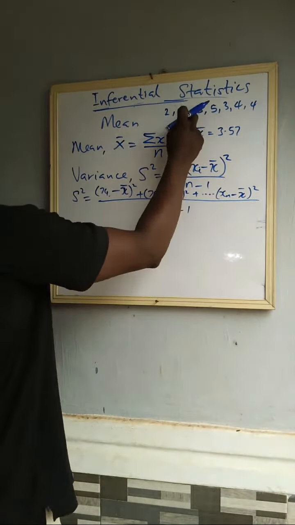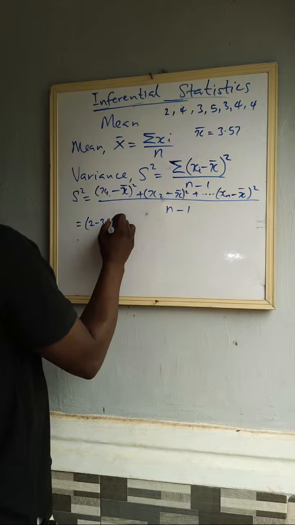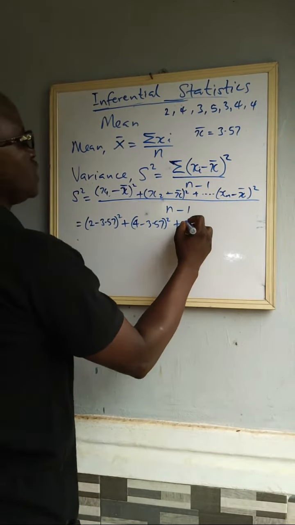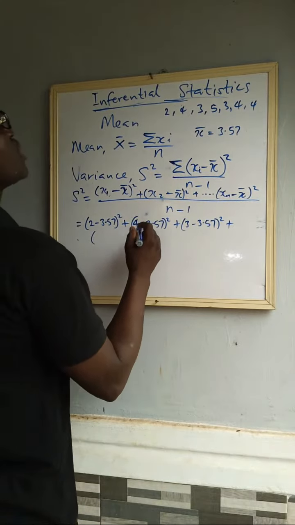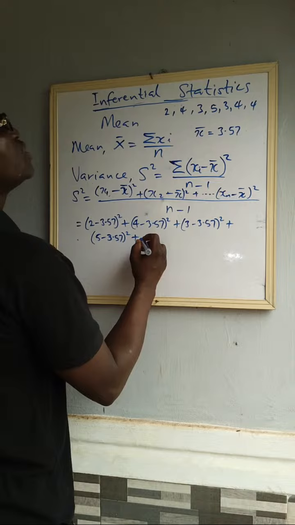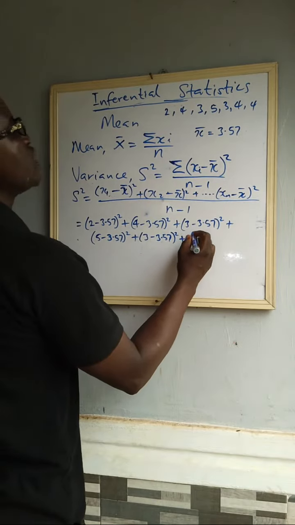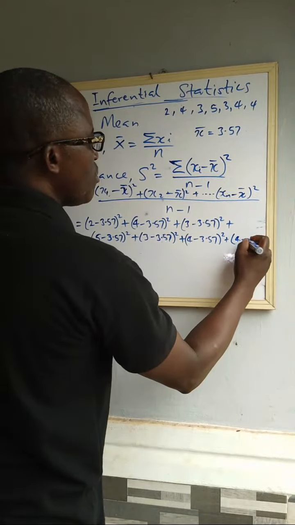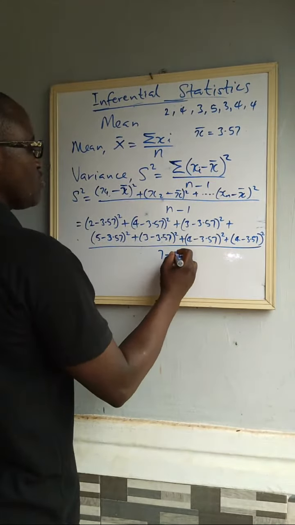So if you employ that mean for this data set, we have (2 minus 3.57) squared plus (4 minus 3.57) squared plus (3 minus 3.57) squared plus (5 minus 3.57) squared plus (3 minus 3.57) squared plus (4 minus 3.57) squared plus, the last one, (4 minus 3.57) squared, and everything divided by n minus 1, that is 7 minus 1.